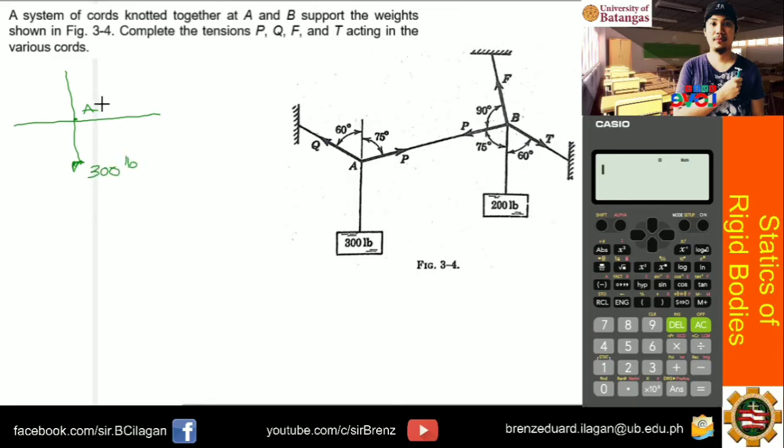Then next is we have this force P. I-plot lang natin dito. And dito, you have here a force Q. So lagi palabas ng joint A, or yung point A. So this is force Q. And this is acting at 60 degrees.